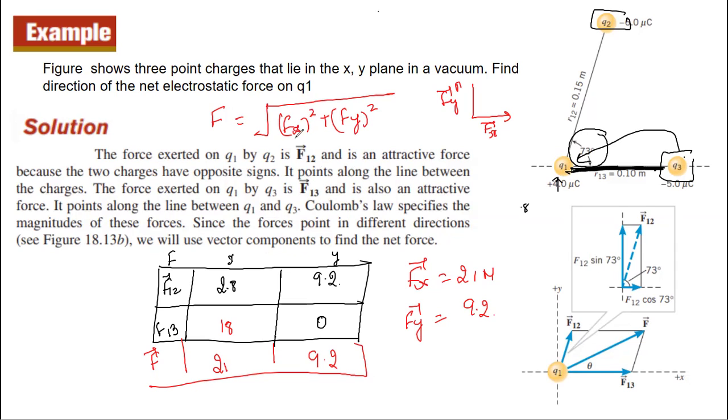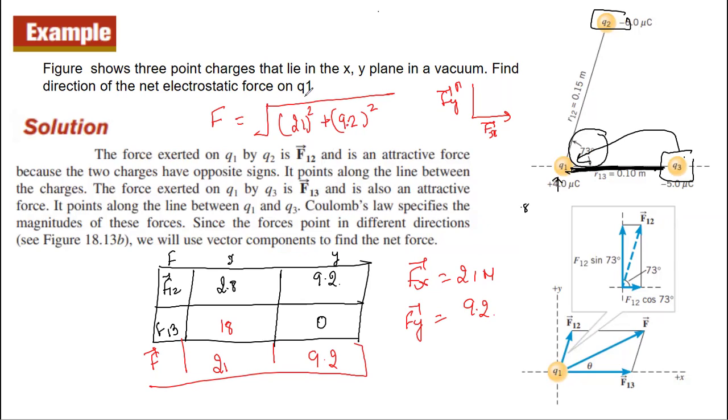Do we have Fx squared? Yes, we do. So let's quickly plug in the numbers. What is Fx? It is 21, so 21 squared. What is Fy, the force in the y direction? It is 9.2.